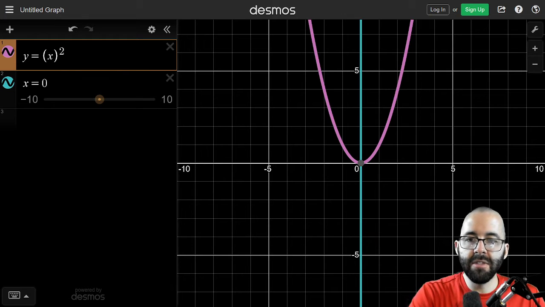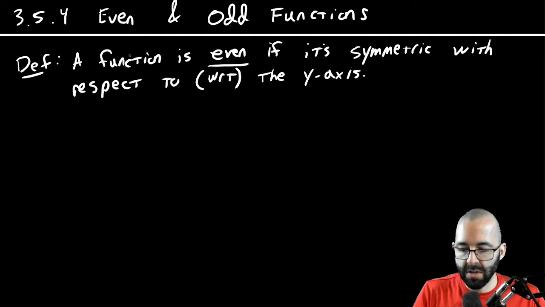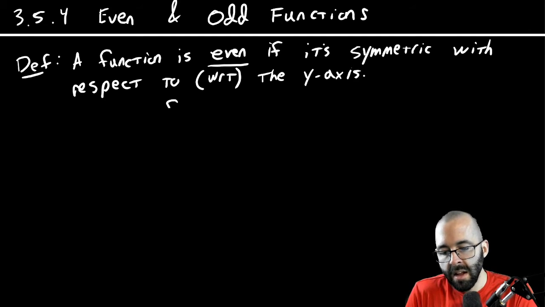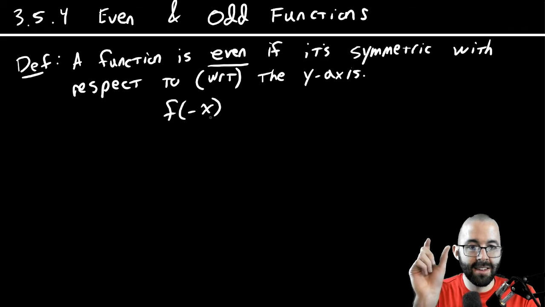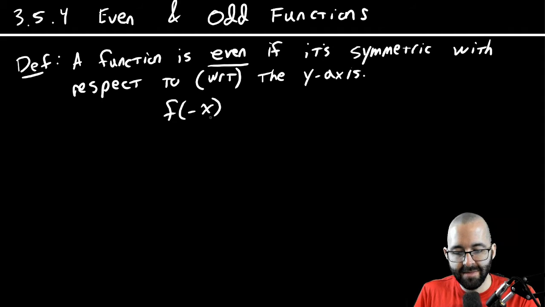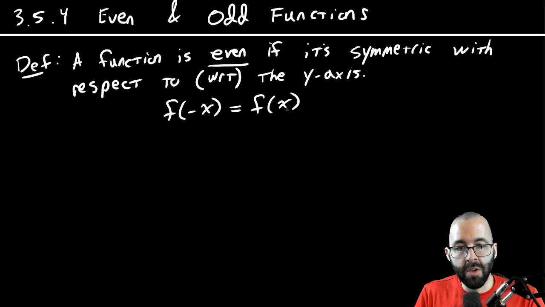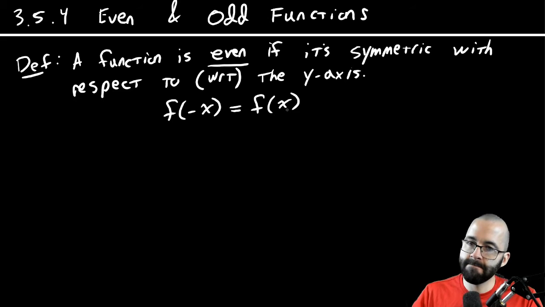So that's another definition that we have for even functions: if I reflect this function about the y-axis by adding a negative on the inside, nothing changes. So a reflection about the y-axis doesn't change the function.